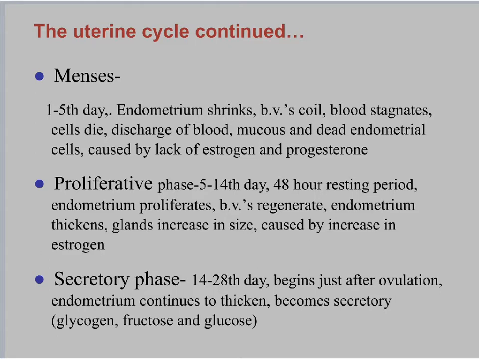What's happening during this phase is the endometrium is continuing to thicken, but the phase gets its name because the endometrium becomes secretory. Those uterine glands are now secreting glycogen, fructose, and glucose, all nutrients that will be required if there is a fertilized egg present and implanting in the uterus.